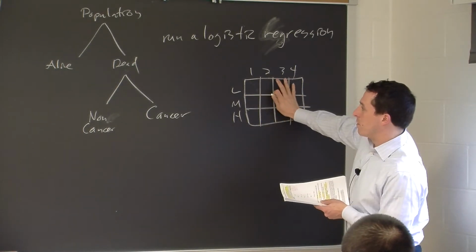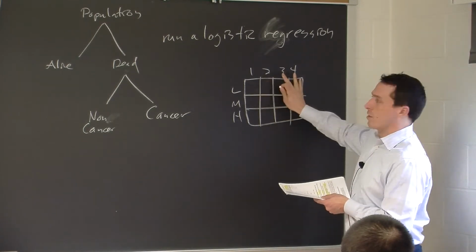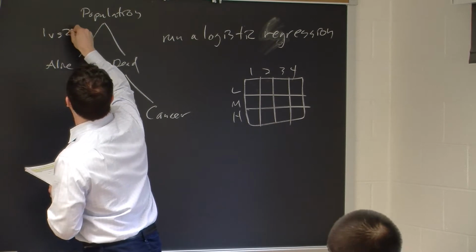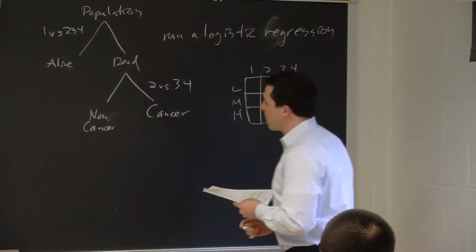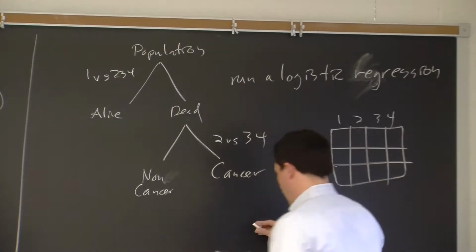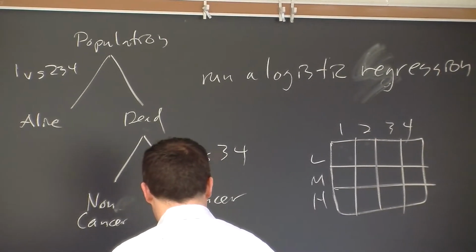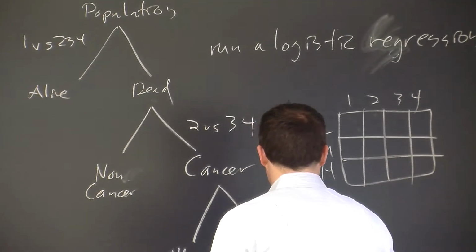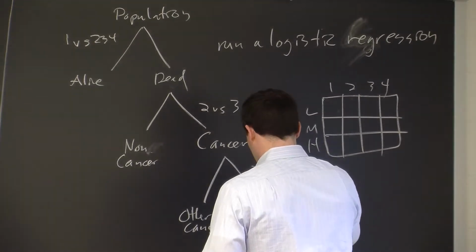Then inside of 2, 3, 4, we're doing 2 versus 3, 4. So this is 1 versus 2, 3, 4, 2 versus 3, 4. And then we're still left with a partition table that we want to break up. And so we do another stage where we go other cancer, and we do leukemia. So this is 3 versus 4.